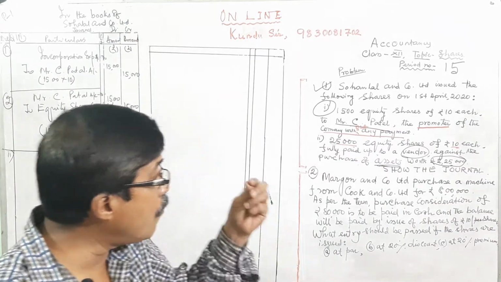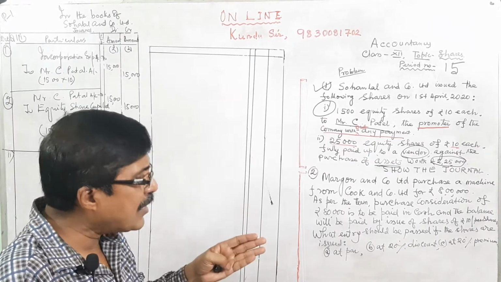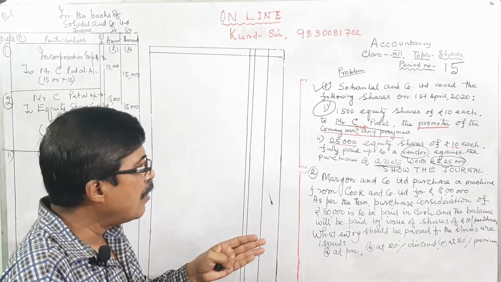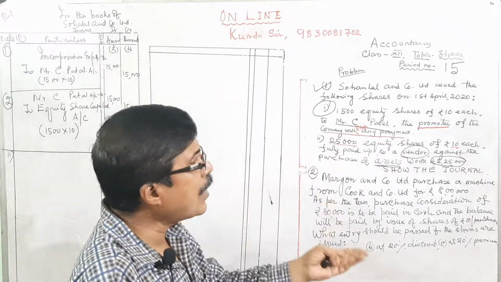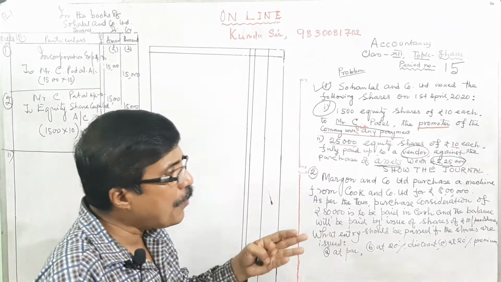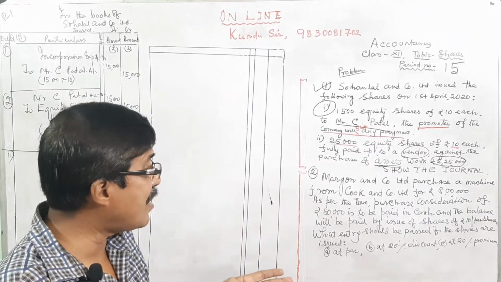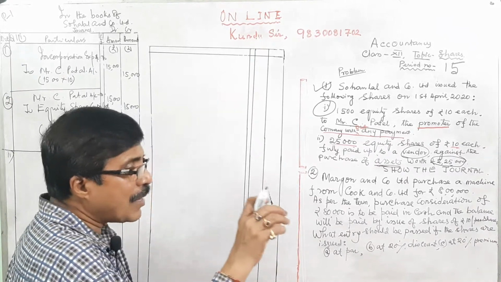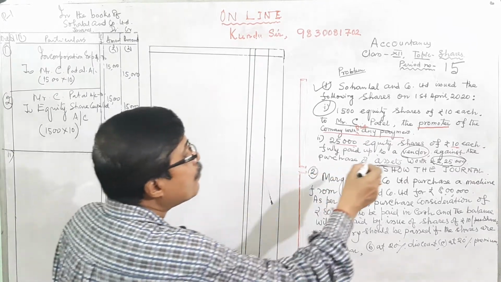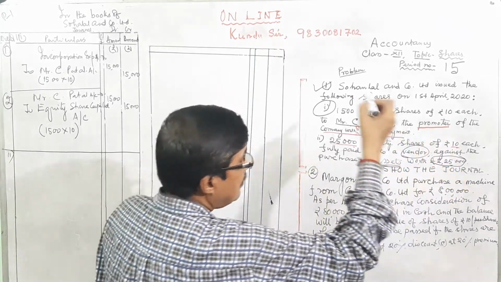If you give more than the net asset value, that is goodwill. If you give less than the net asset value, it is capital reserve. But this concept is not applicable here, because we are not purchasing any company, we are purchasing only assets.